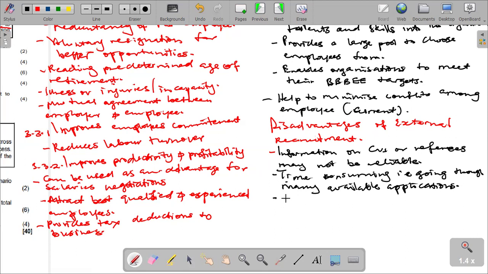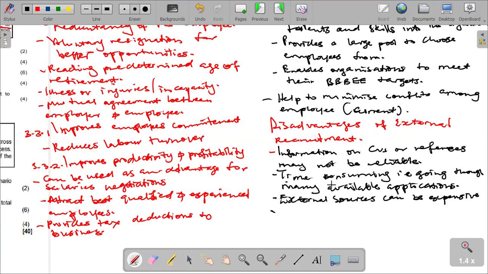And then external sources can be expensive. External sources can be expensive is a disadvantage. We are talking about such as recruitment agencies that might be referred to. We can talk about advertisements which might need money. They are expensive external sources that we can talk about there.